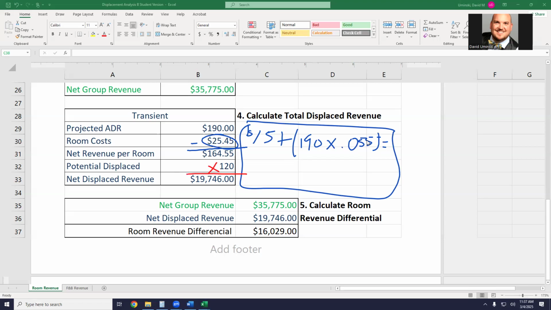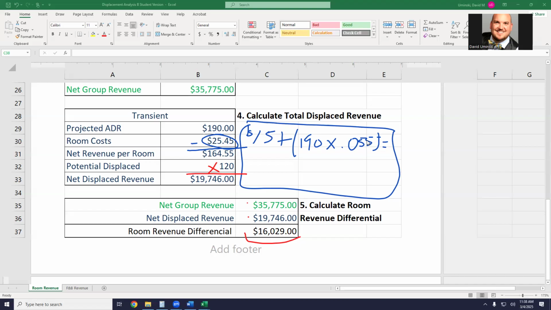And then finally, with our group revenue at 35,000, our potential displaced at 19,000, our differential for the room is $16,029. So what this says is if we were to take this group and we had to displace 120 people, we would still come up on top at $16,029. We would still come out in the positive at $16,000.